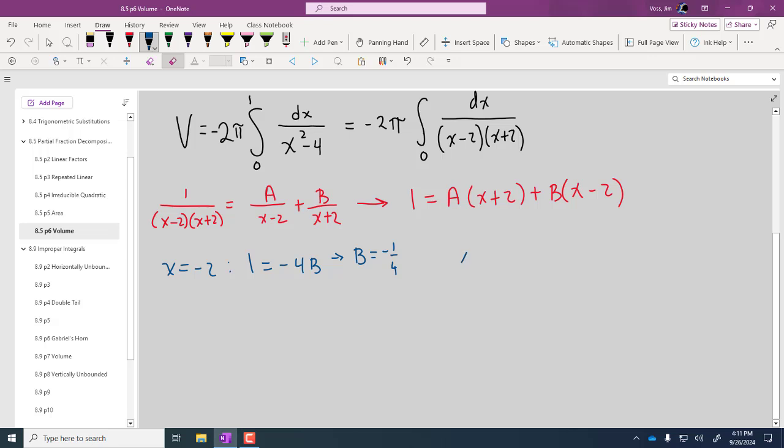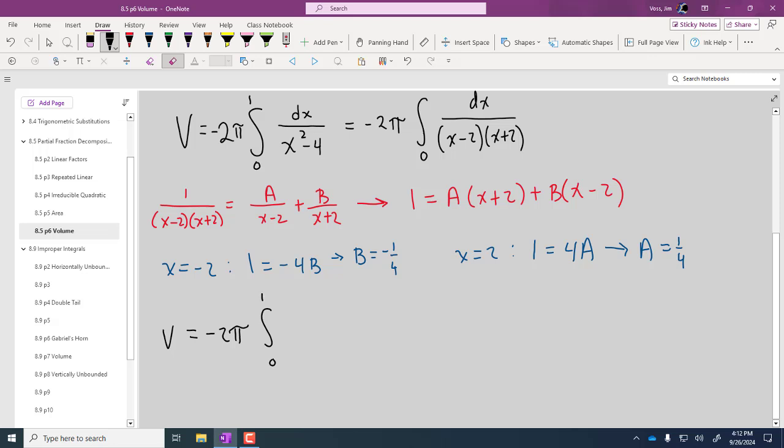The other convenient value is x equals 2. That's going to give us still just a 1 on the left, and 4a. So a is +1/4. So that tells us that our integral, the volume, is -2 pi, integral 0 to 1.